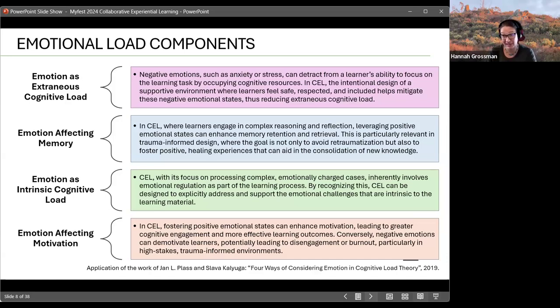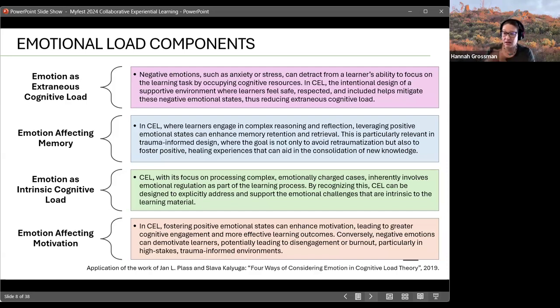Now, emotion can play a number of different roles in the cognitive load framework. When I was talking about being dysregulated and being unable to do the math problem, like someone who has test anxiety, for example, that's emotion playing a role as an extraneous cognitive load. It detracts the learner from their ability to focus on the learning task by taking the cognitive resources for the learning and using them to focus on being dysregulated.